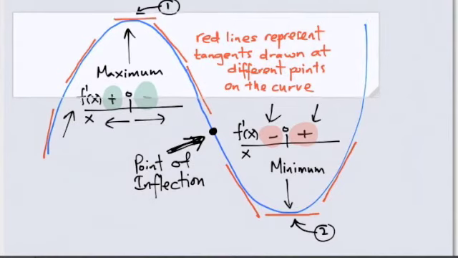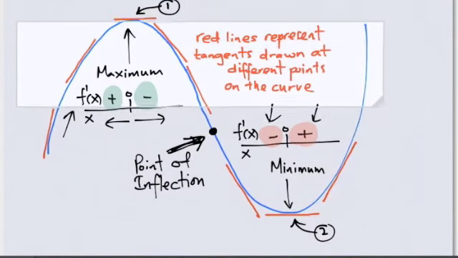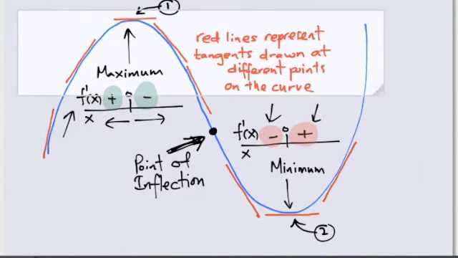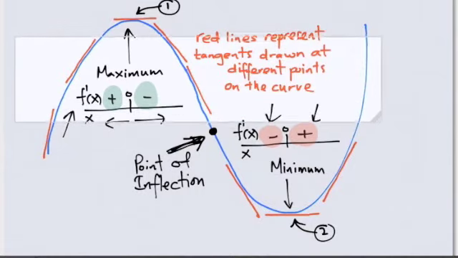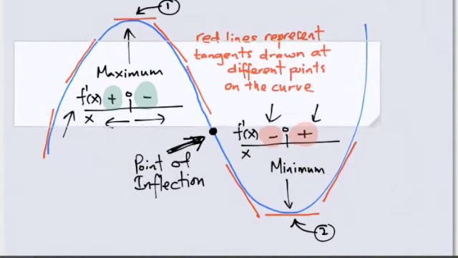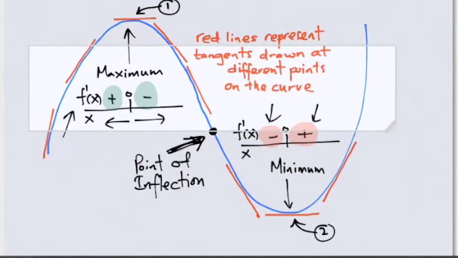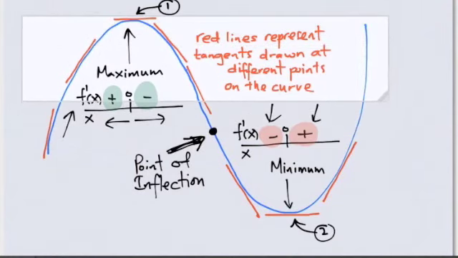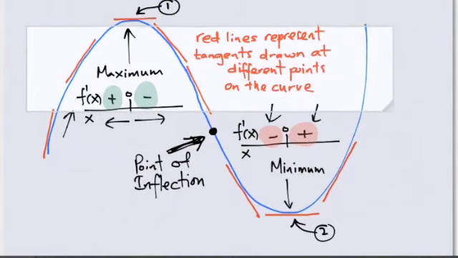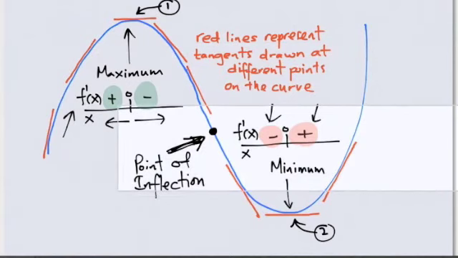Now we can see the gradient of the curve to the left of a maximum is positive. The gradient of the curve to the right of the maximum is negative. So by observing the gradient of a function to the left and right of a stationary point, we can determine if it's a maximum.